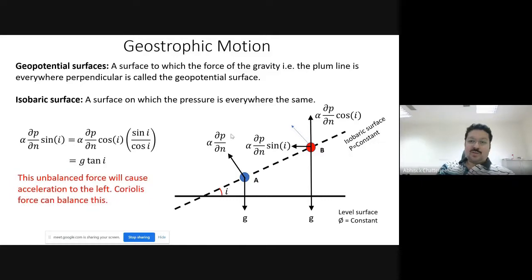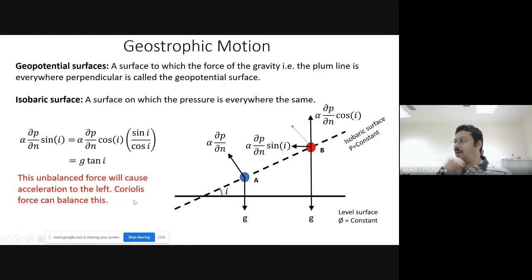So what is this alpha del P del N sin I? That can be rearranged a bit. Sin I you can write as cos I times sin I by cos I. This alpha del P del N cos I is equal to G. So this is basically G tan I. So this left side vector is basically G tan I. So this unbalanced force will cause acceleration to the left.